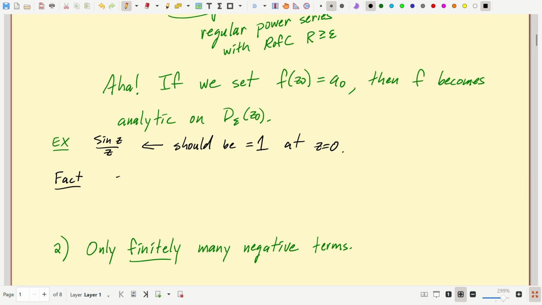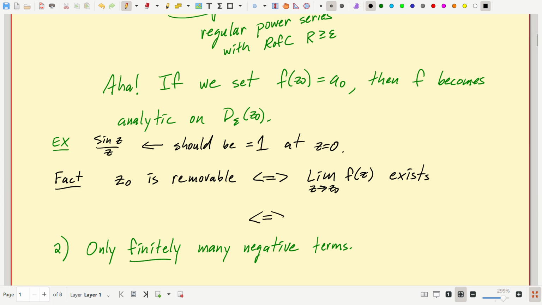That z naught is removable if and only if the limit as z tends to z naught of f of z exists. In all the other cases I'm going to show you, the limit doesn't exist. It either blows up or just goes totally berserk. So this is the only case where that limit would exist, and that happens in the case of a removable singularity. And we're going to see there's a famous theorem called the Riemann removable singularity theorem.